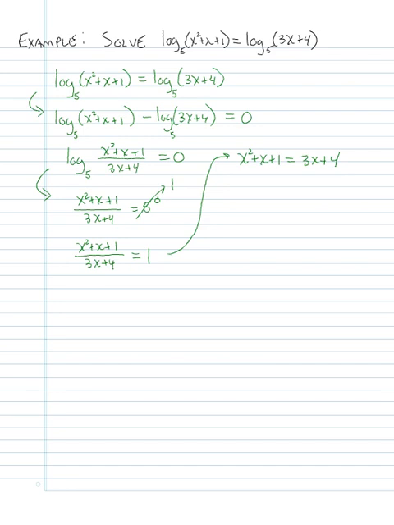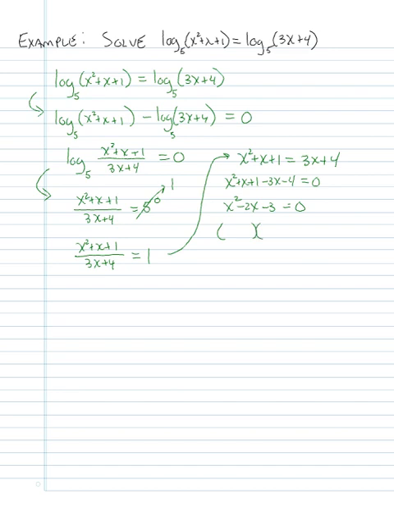We notice that this is a quadratic equation, so we would get 0 on the right side by subtracting 3x and subtracting 4 on both sides. And so then it would look like x squared minus 2x minus 3 equals 0.